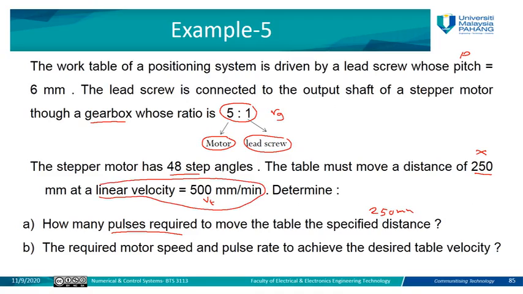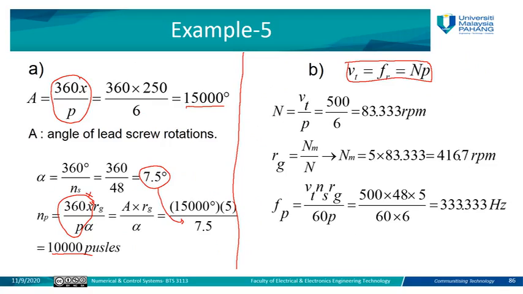So we just substitute the value of the linear speed, which is vt, and the value of the lead screw pitch, which is 6. So this gives 83.33 revolutions per minute. This is the speed of the lead screw.